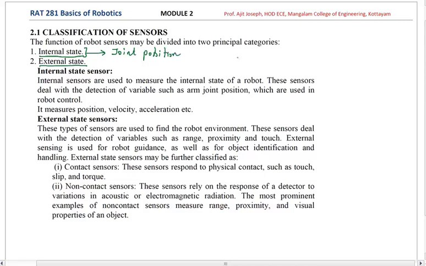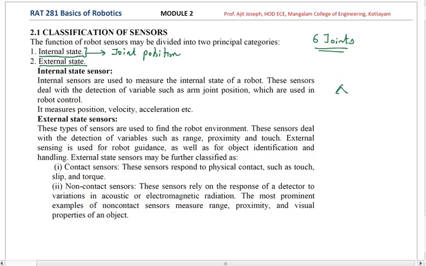There may be a robot which has 6 joints. So it wants to know the present condition of each joint. What is the present position of each joint? Or it may also want to know the velocity with which its end effector is moving.